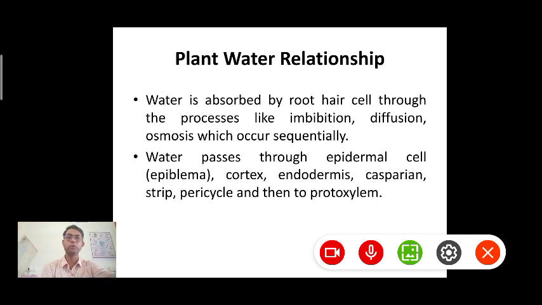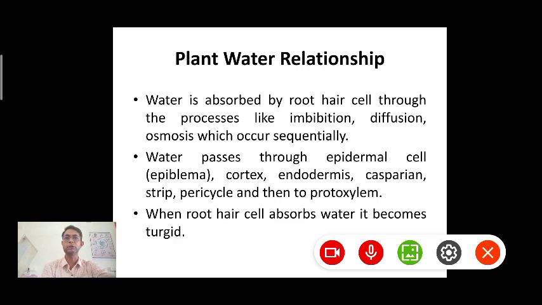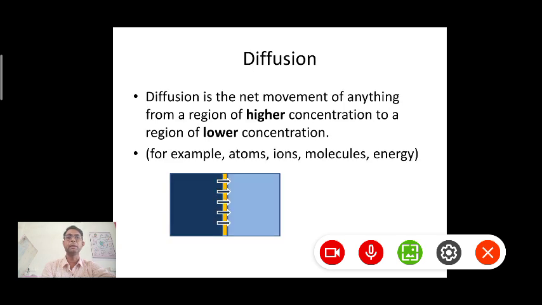Now first of all we go through these particular terminologies. When the root hair cell absorbs water, it becomes turgid. So the cell of that particular plant or root hair becomes turgid, and then the water will be transported to different parts through the xylem. Now diffusion.